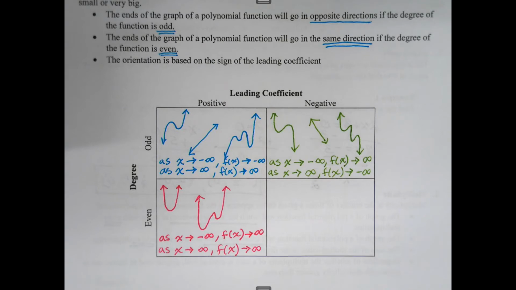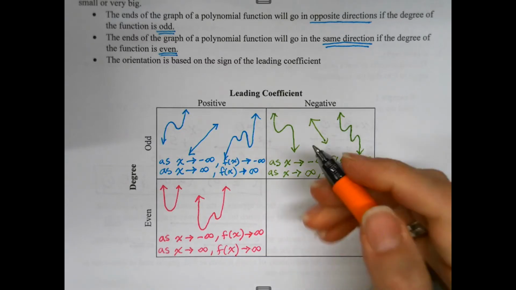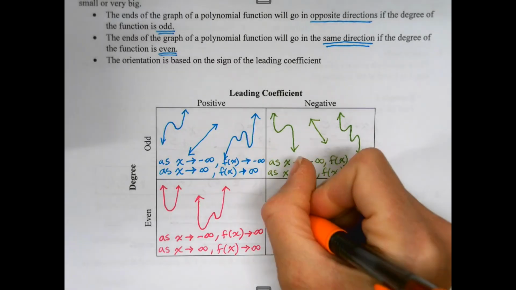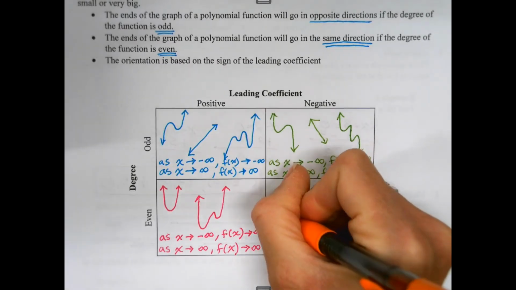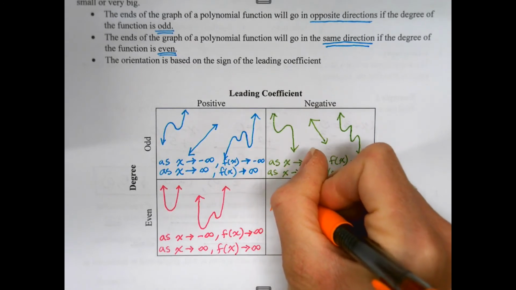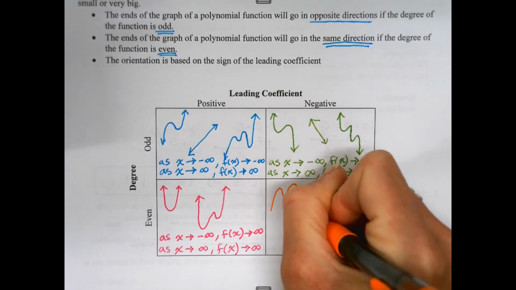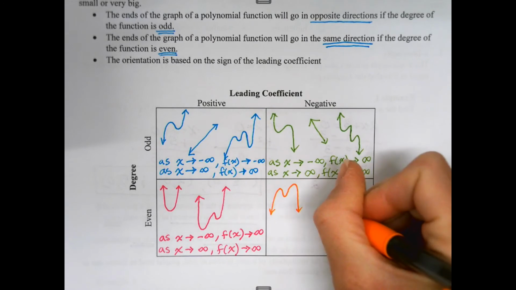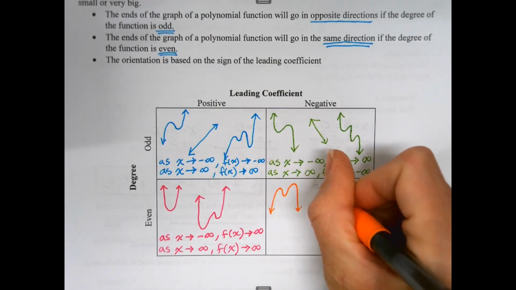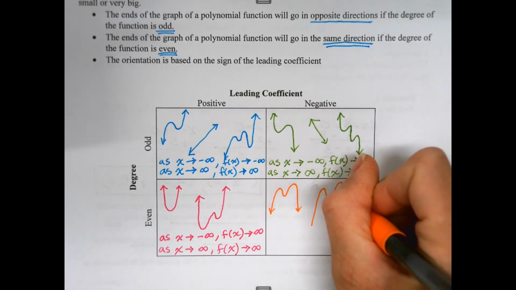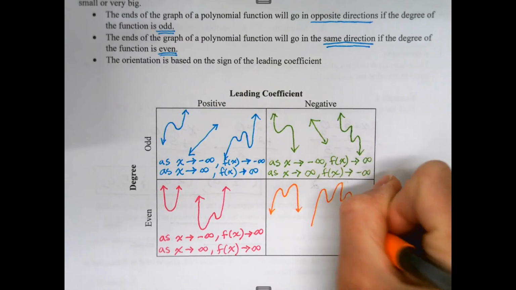And we'll contrast that with a negative leading coefficient. When we have a negative leading coefficient, we're going to have more of an M shape potentially, or possibly multiple turns in our shape.